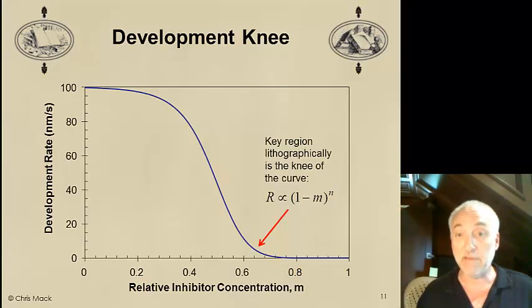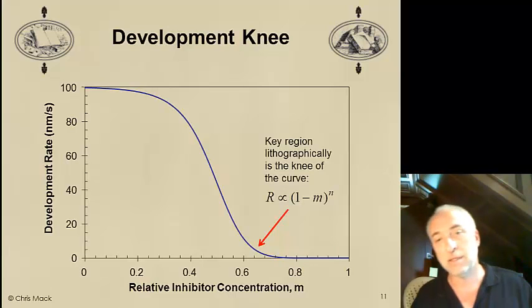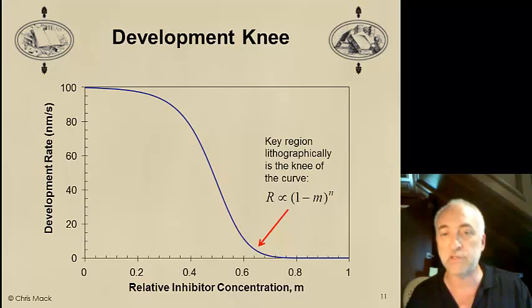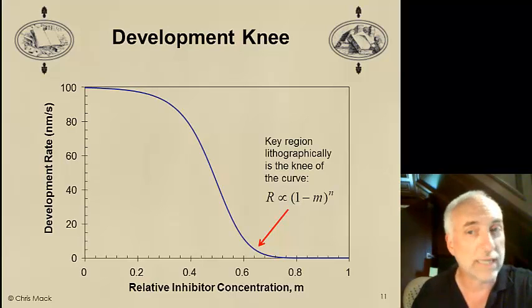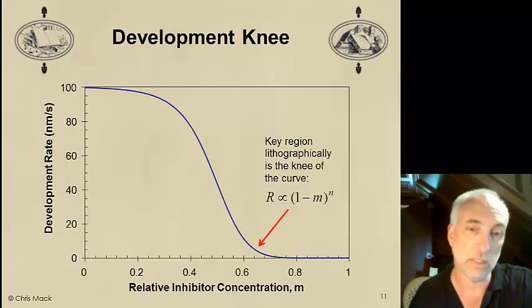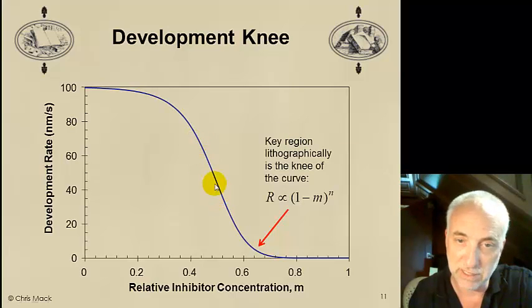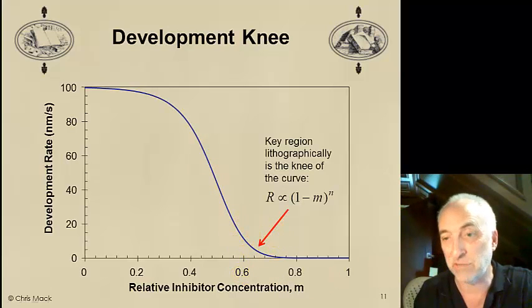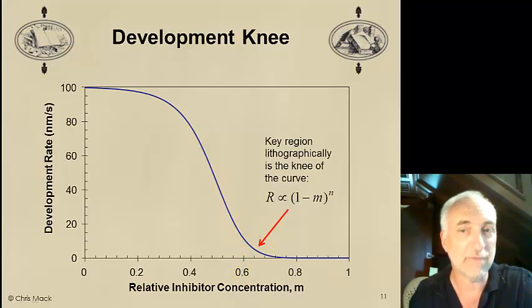And it's that high value of n that gives us the nonlinear response near the final resist edge where we want it to be highly nonlinear. A linear region is not very important. Well, that's this region. It's quite linear here. It's the nonlinear region that we want, and this is the nonlinear region at the knee of the development rate curve.